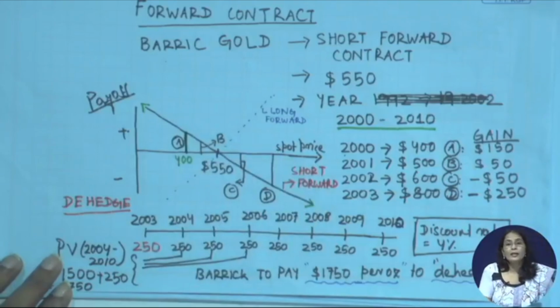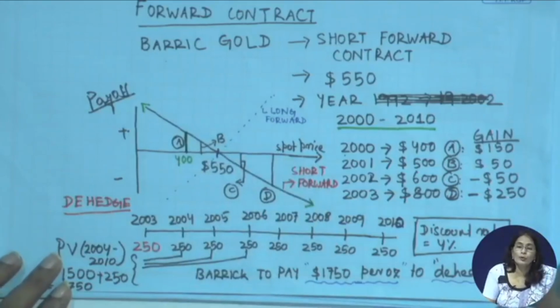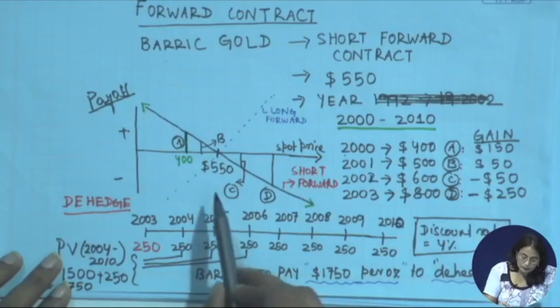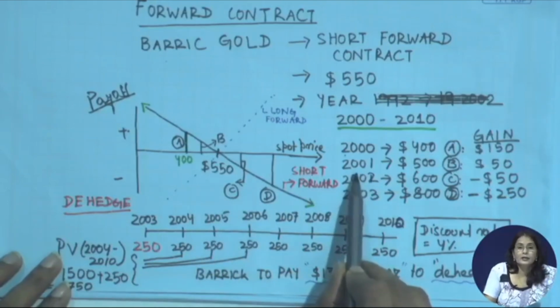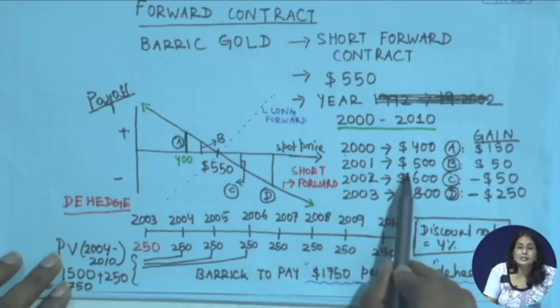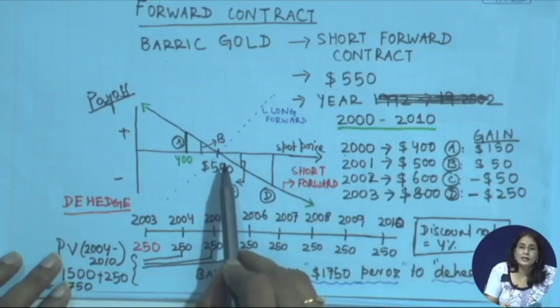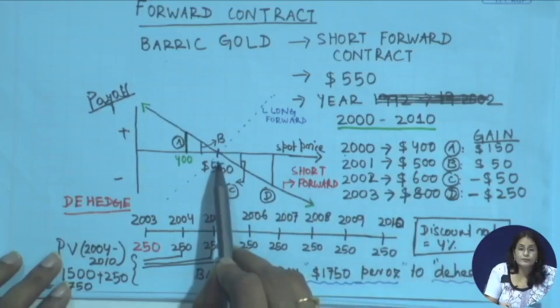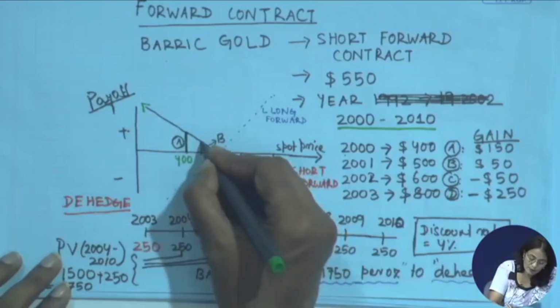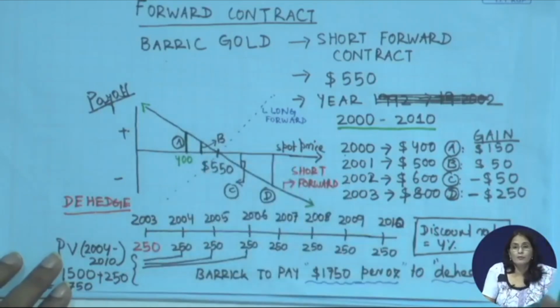For every 1 ounce of gold it had contracted to sell, it will be getting a $150 per ounce benefit. Similarly, let's say in 2000 the price is prevailing around $500 and it will be selling the gold at $550, so it is making a profit of $50 per ounce.